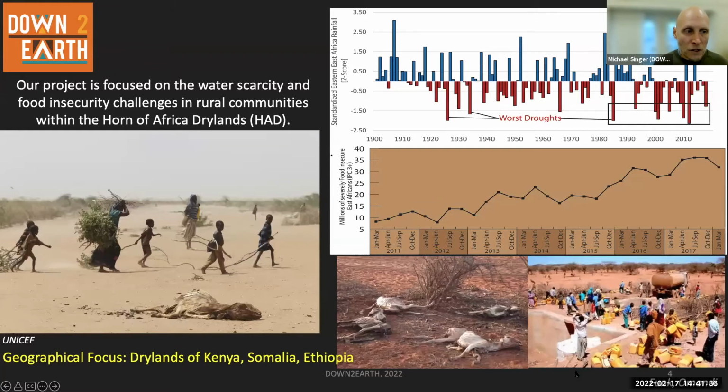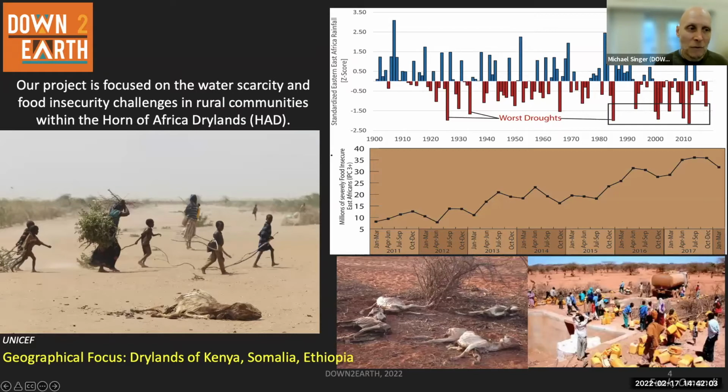Now, unfortunately, what we've seen in recent decades is an increasing concern of drought or failed rains within critical rainy seasons that affect these livelihoods I was just talking about. For example, in the last several decades, there's been an increased frequency of very severe droughts with very short-lived periods of recovery.